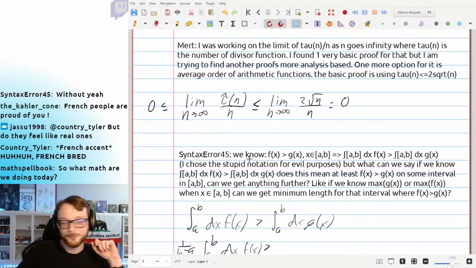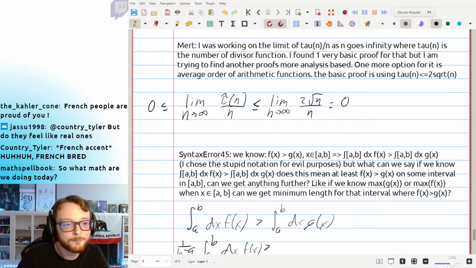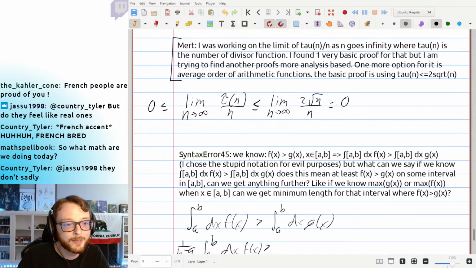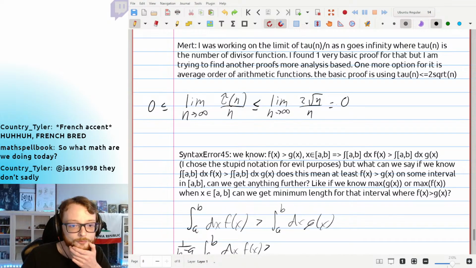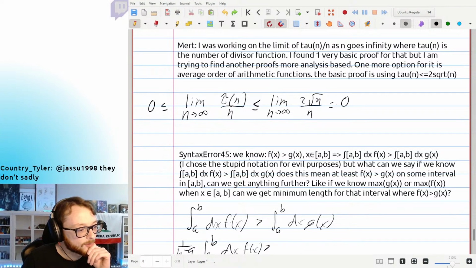Okay, the math that we're doing: there's an outstanding problem from Mert about having a more sophisticated proof for this tau of n over n limit, and tau of n counts the divisors of n. It's a little bit tough, so I put a pin in that, and I'm thinking about Syntax's question down here.